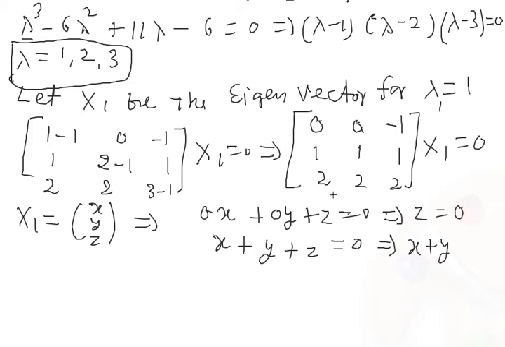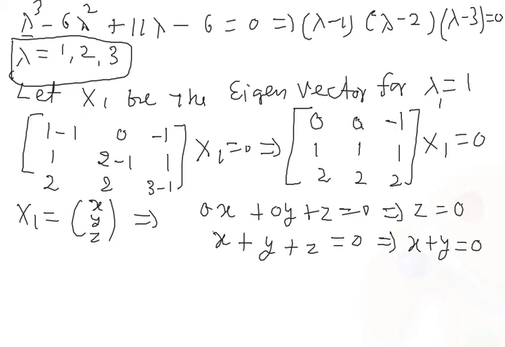Then taking the vector as x, y, z and plugging it in, the equations will be z equal to 0 and x plus y plus z equal to 0.